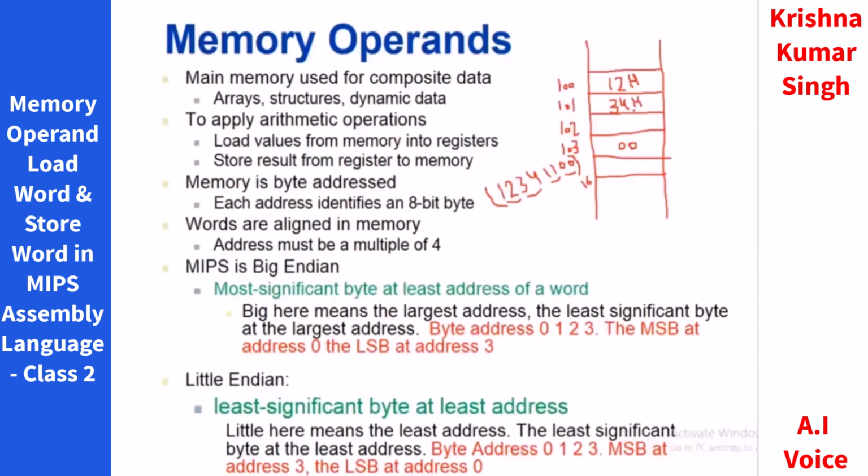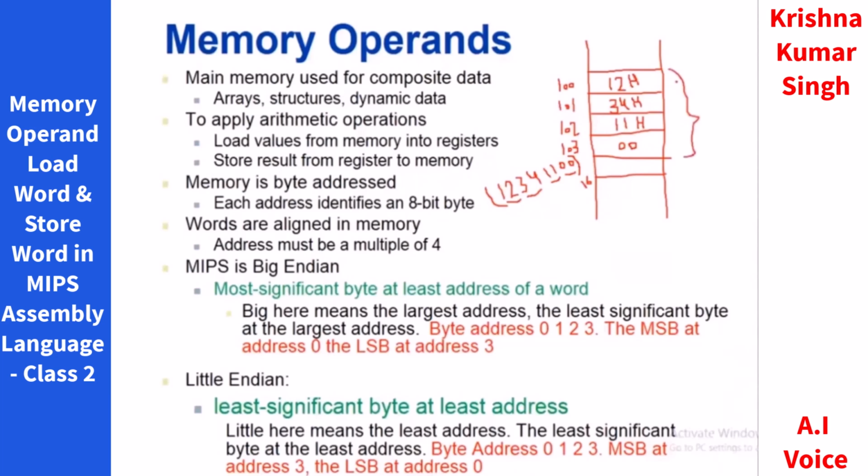So this is 12 in hexadecimal, 34 in hexadecimal. Each one needs 1 byte. But if you want to store this number for the x86, it will be completely reversed. First 00 will be here, then 11, then 34 will be here and 12 will be in the last location.